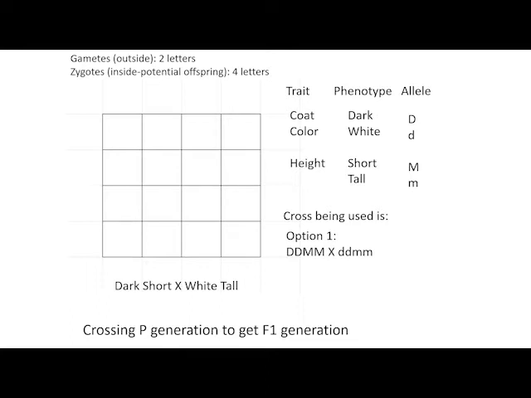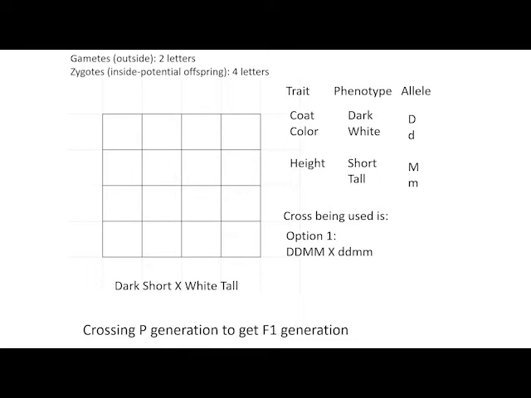When I look at the parental generation, I can see that the only letter parent number 1 can give is a big D for the dark coat color, and it can only give a big M for the short height. In addition, the other parent can only give a little d for the color white, and it can only give a little m for the tall height.